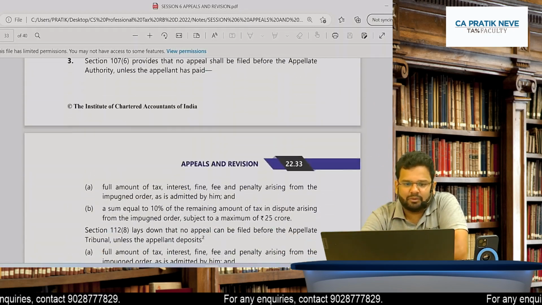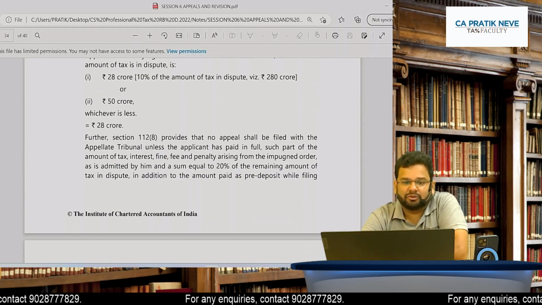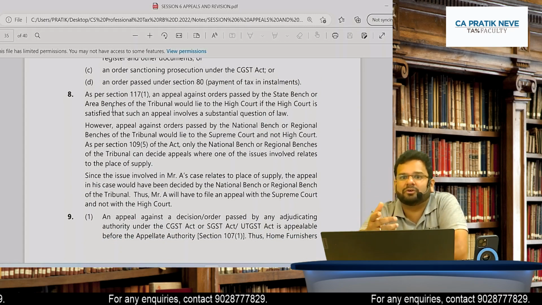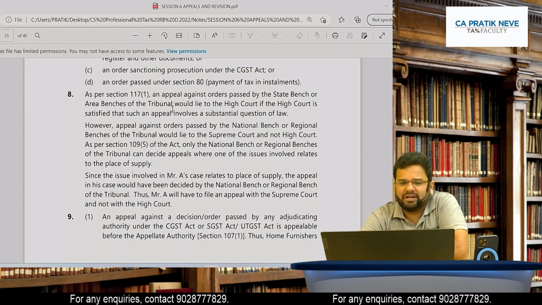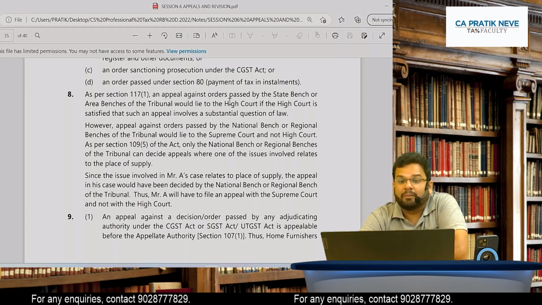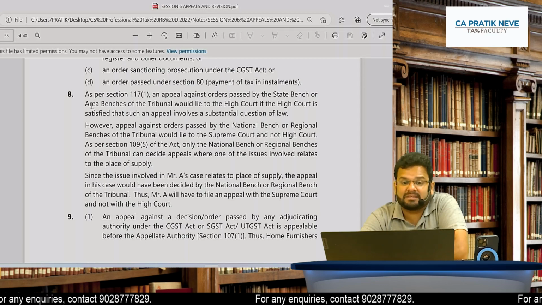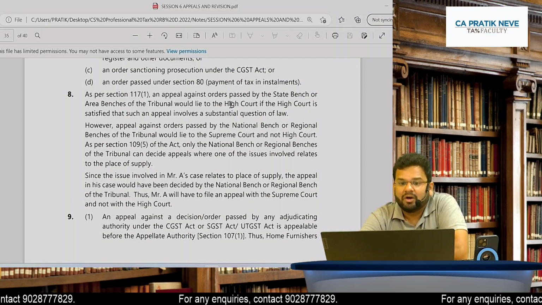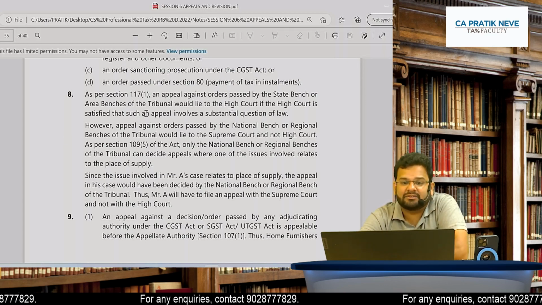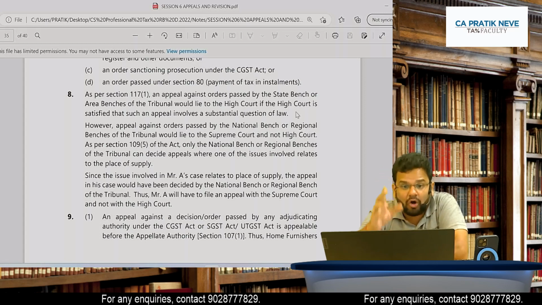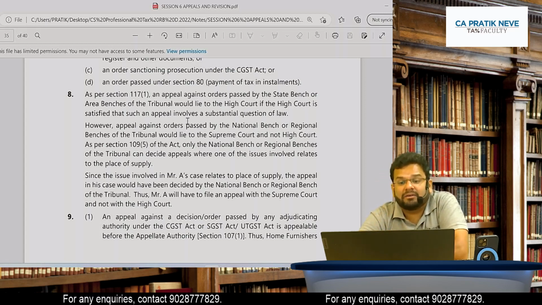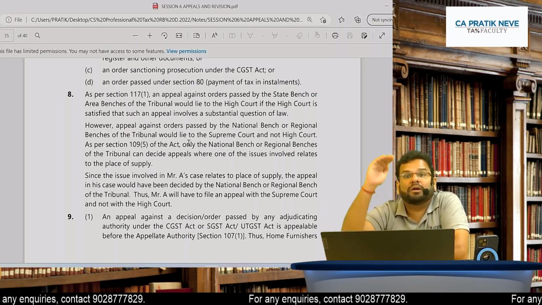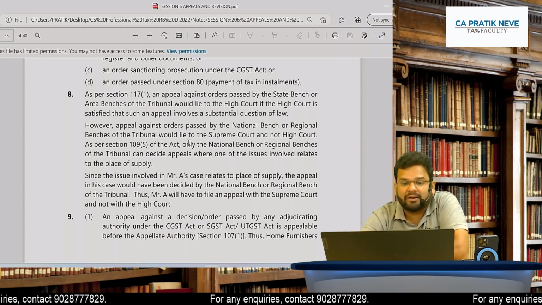See the 8th question's solution. Nicely we'll read the solution, so the whole point will be very clear again, as to how to present also. As per section 117 subsection 1, an appeal against orders passed by state bench or area benches of the tribunal would lie to the High Court only if the High Court is satisfied that such appeal involves a substantial question of law. However, an appeal against orders passed by the national bench or regional benches of the tribunal would lie directly to the Supreme Court and not the High Court.